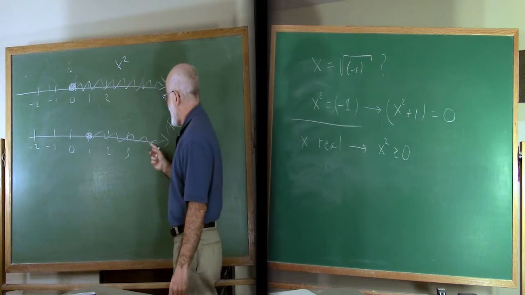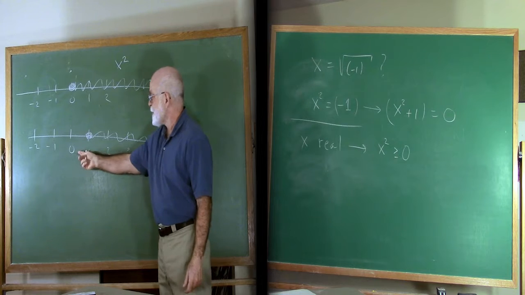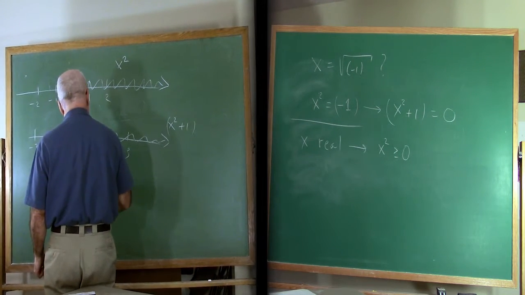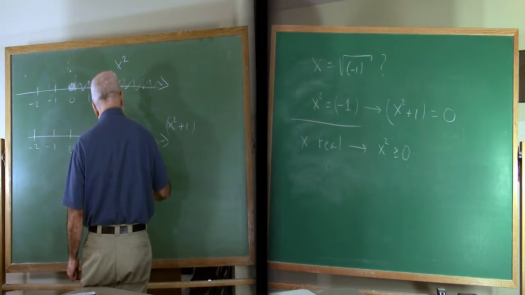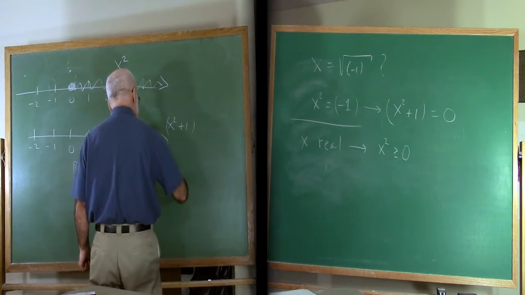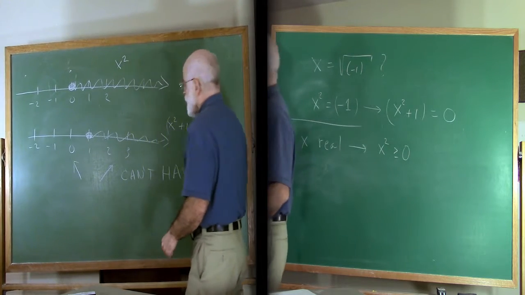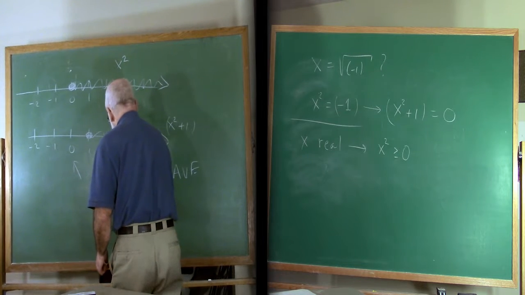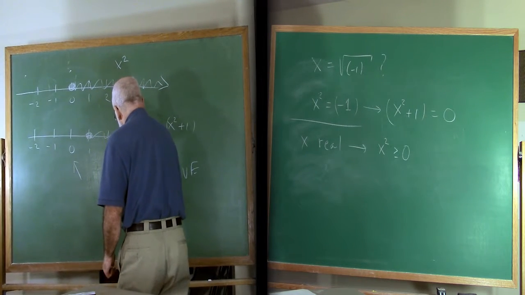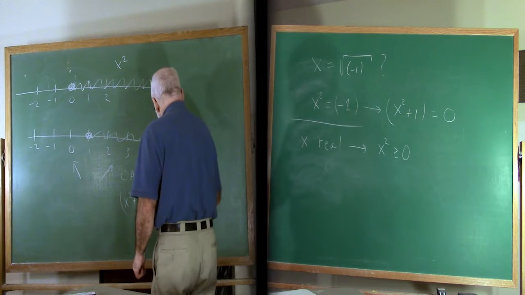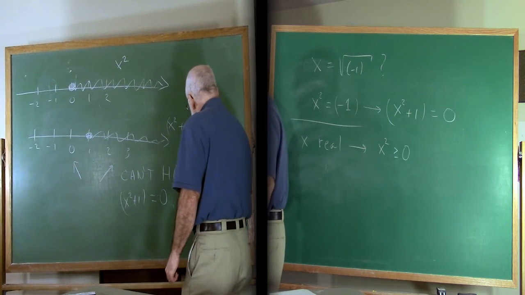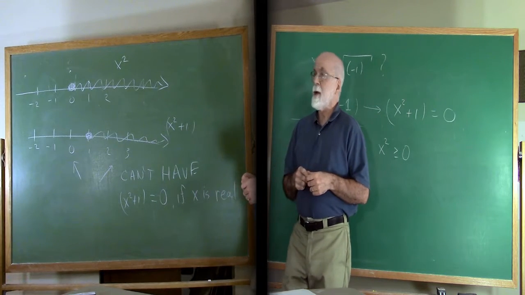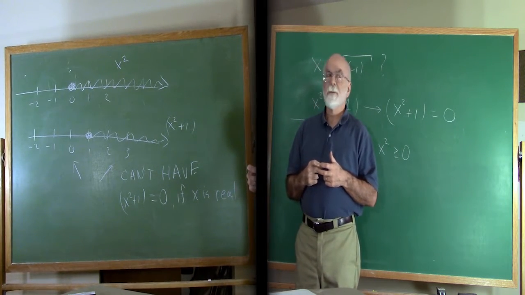Notice that there's no way this shaded area can include 0. I see failure. Failure at solving this equation, x squared plus 1 equals 0, at least if x is a real number.